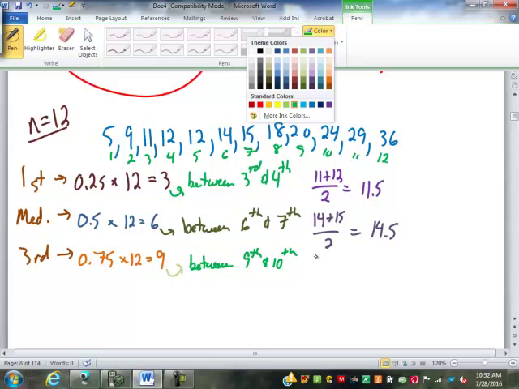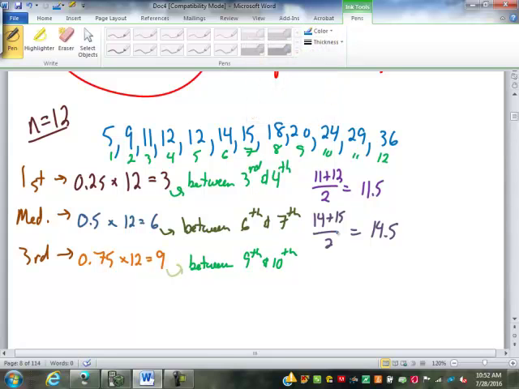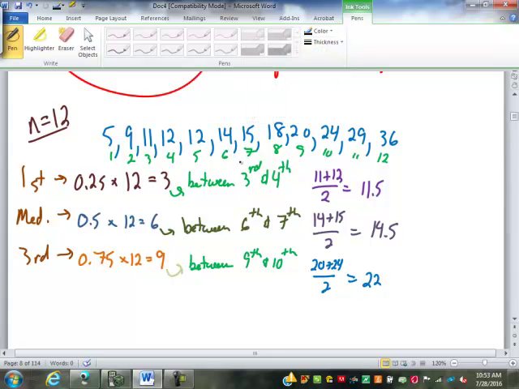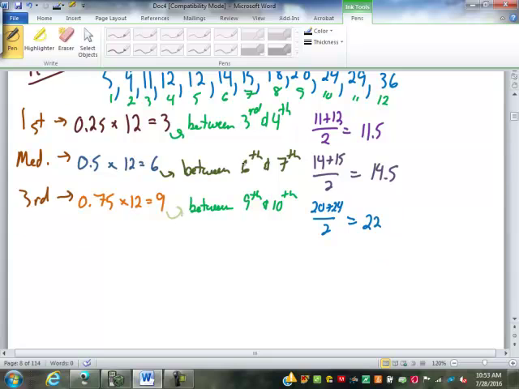So yeah, it's going to be 20 plus 24 over 2 is 22. So we have those quartiles. Now what we're going to do is we're going to make a number line here. Our number line is going to start with our smallest number.